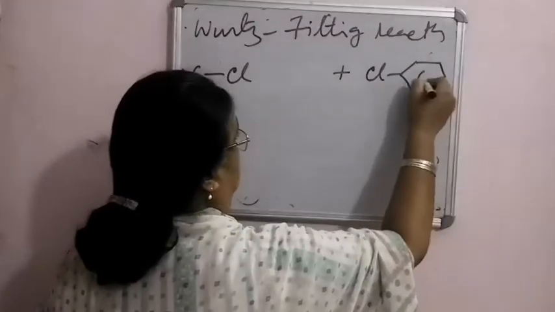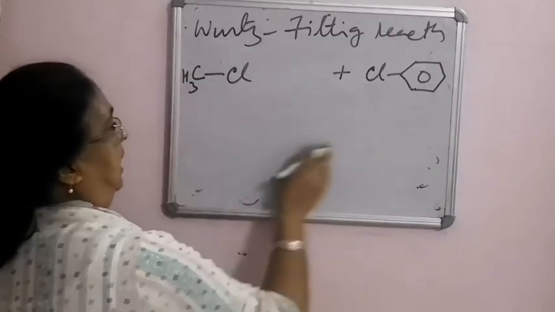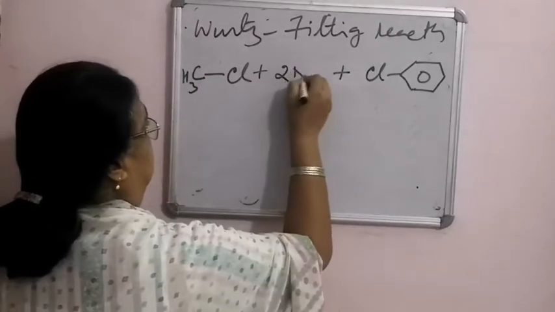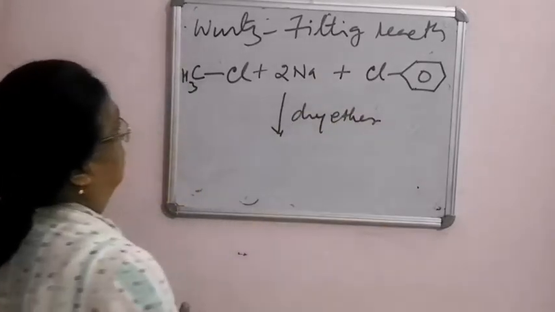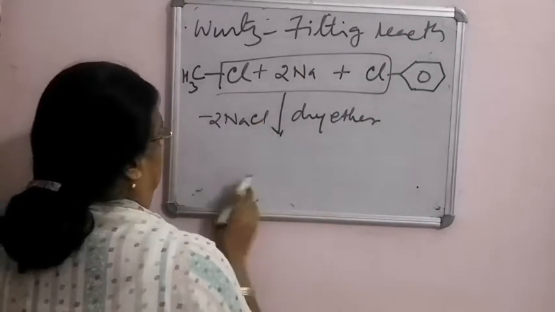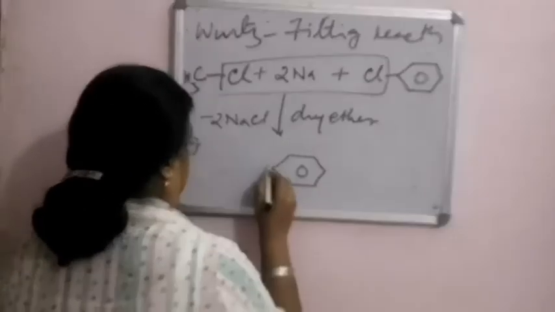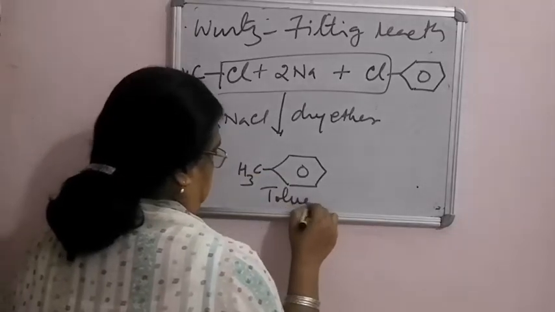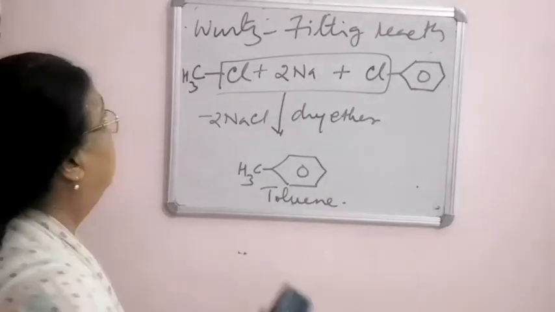So here we have an alkyl halide and here an aryl halide, and 2 sodium, in dry ether, the condition is the same. 2 NaCl is out, and to the benzene ring, in place of Cl, CH3 will be attached, giving toluene. So this is the Wurtz-Fittig reaction.